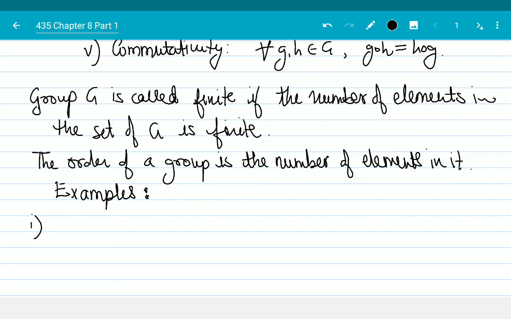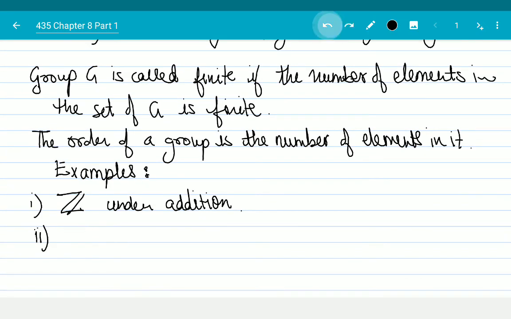For example, examples of groups are: first, the integers under addition. Second, the rationals minus 0, or the positive rationals, under multiplication.